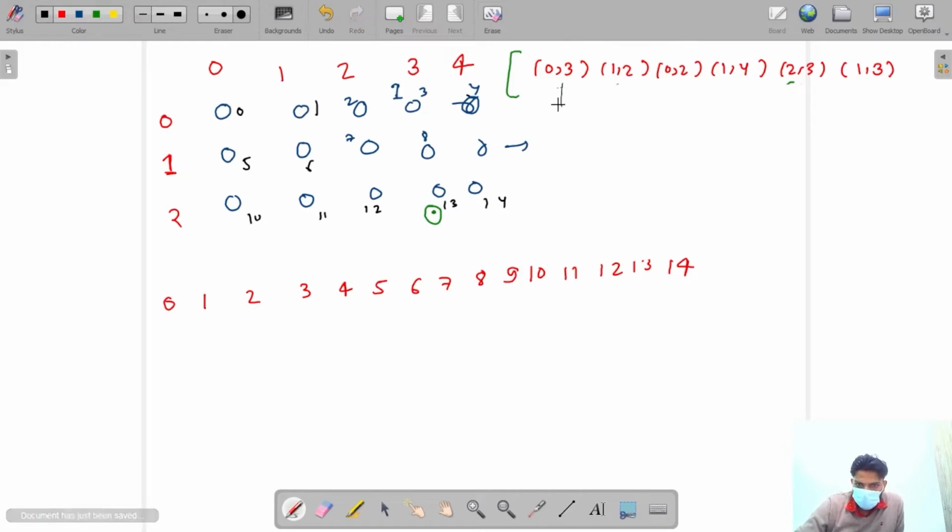At 0, 3, we find that this is our island. When we put any island, it will count as 1, because when we put an island at 0, 3, like at this position, it will count the islands as 1, because it is not merging with anyone.